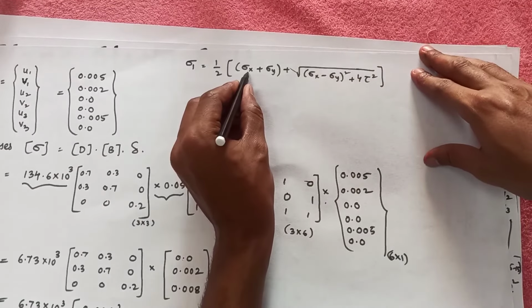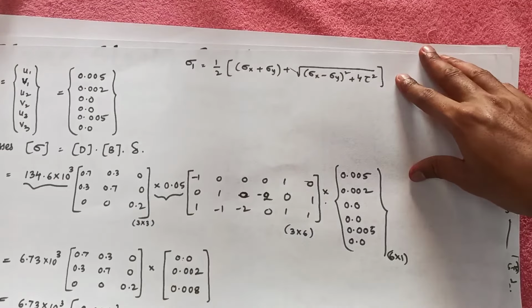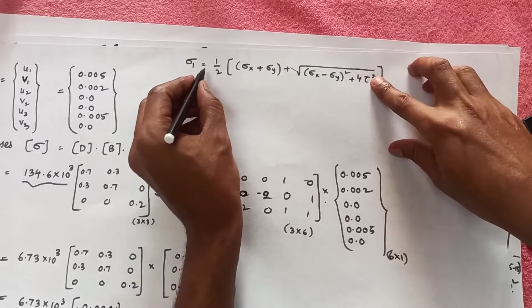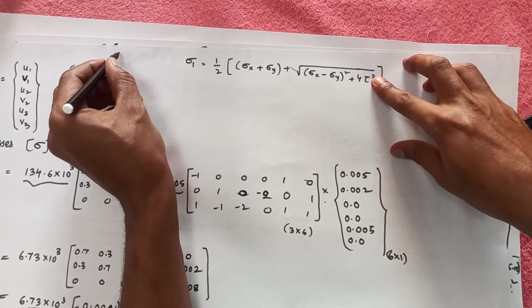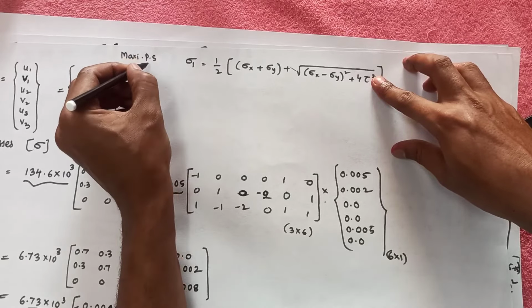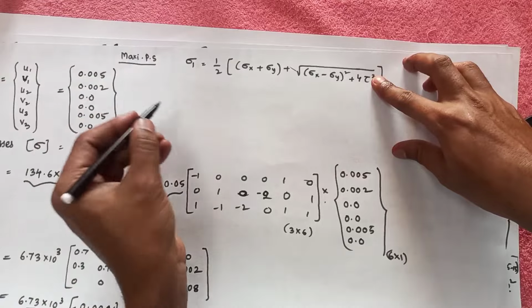Here you know sigma x and sigma y, that you have already calculated, and tau xy. This is what we call the maximum principal stress, or also the maximum normal stress.